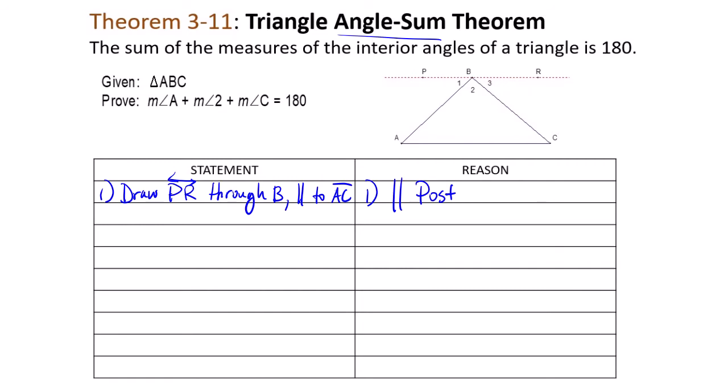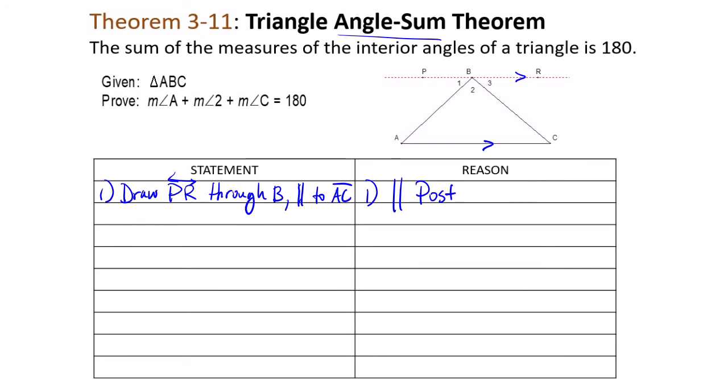Now we have our auxiliary line, and since we have parallel lines, we can use our parallel stuff. In a proof, when you get a given or make a statement, it leads to certain future statements.